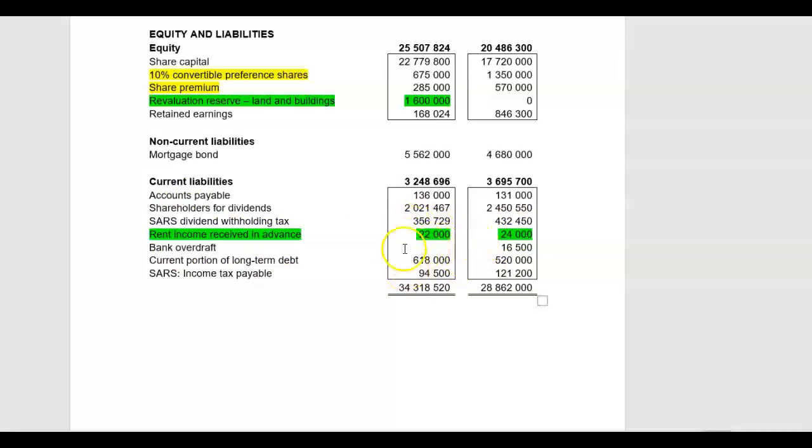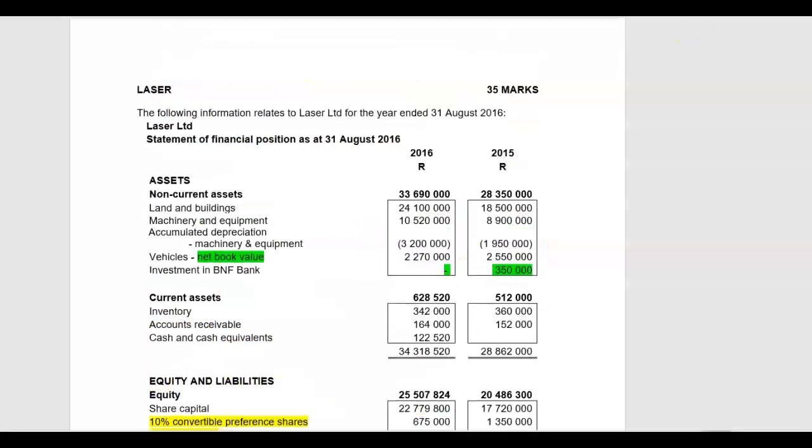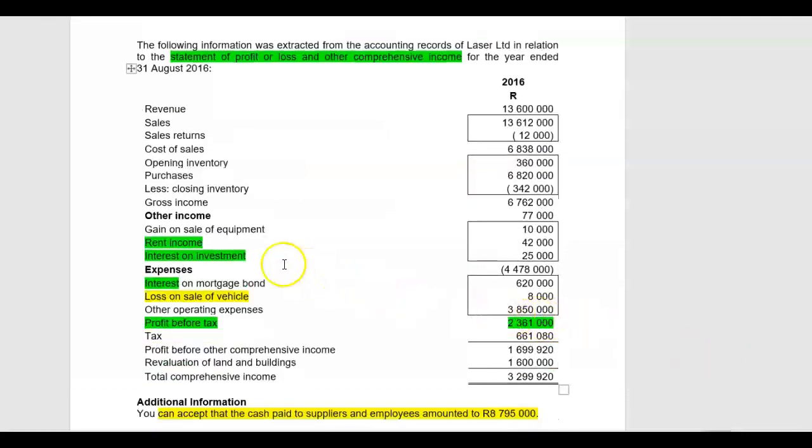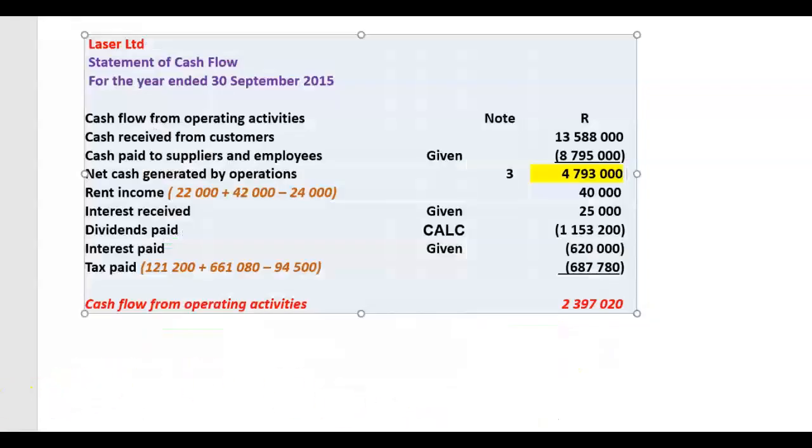So you will have to open up a T account for rent income received in advance, with an opening balance on the credit side of 24,000 and a closing balance on the debit side of 22,000. Then you're going to take your income statement where you're going to populate your rent income for the year. So rent income for the year, 42,000 Rand in that account as well.